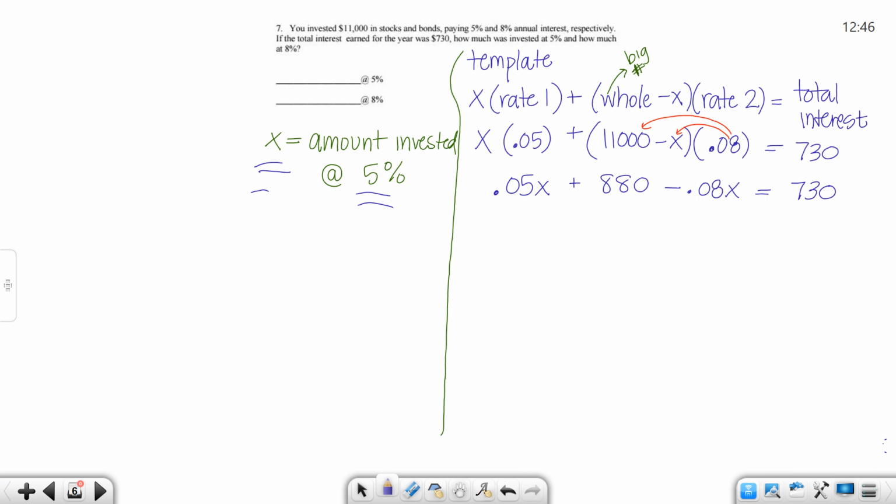Okay, now at this point we need to combine our x's. 0.05 minus 0.08 is a negative 0.03x. We want to get x by itself, so I'm going to move the 880.